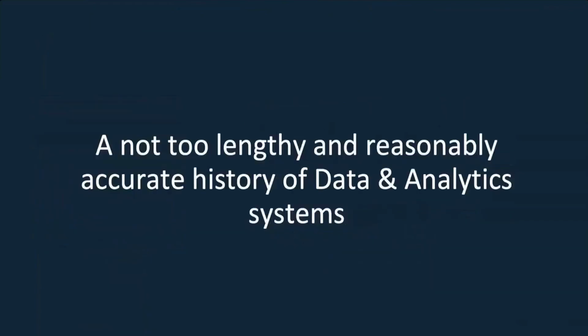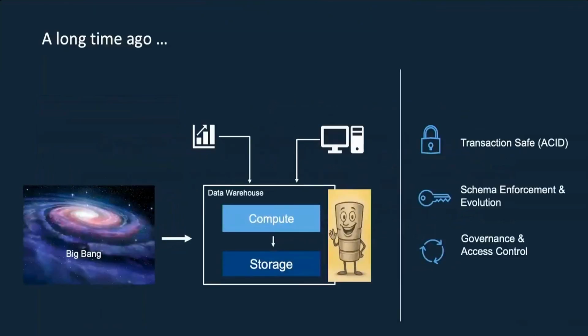I want to start with an introduction, not too lengthy, and a reasonably accurate history of data analytics systems. So let's get going. Why are we where we are today? Shortly after the Big Bang, we started to develop relational database systems, right? And we started to use them for data analytics use cases as well.